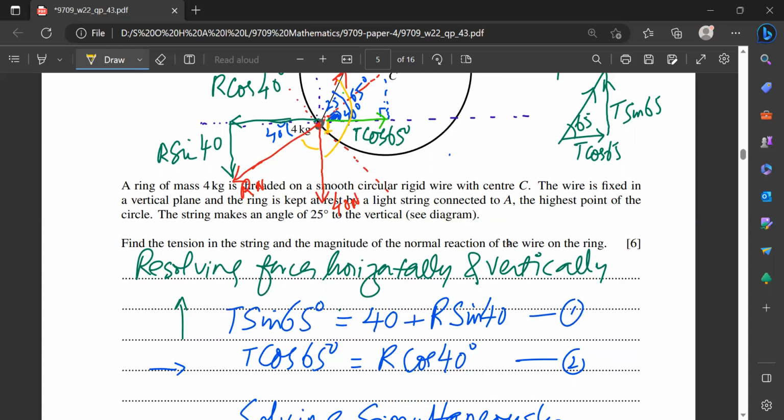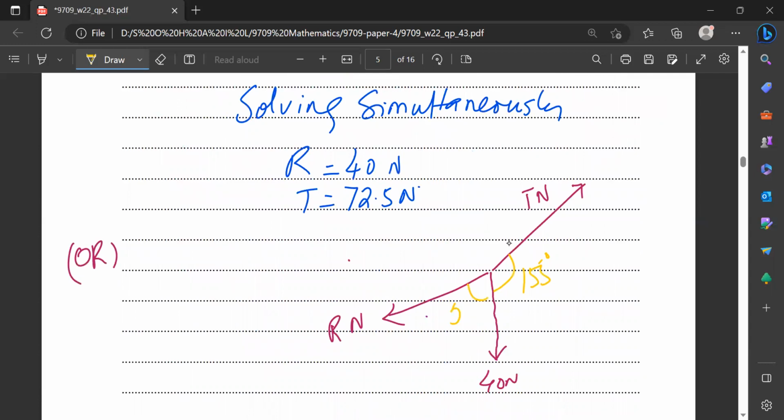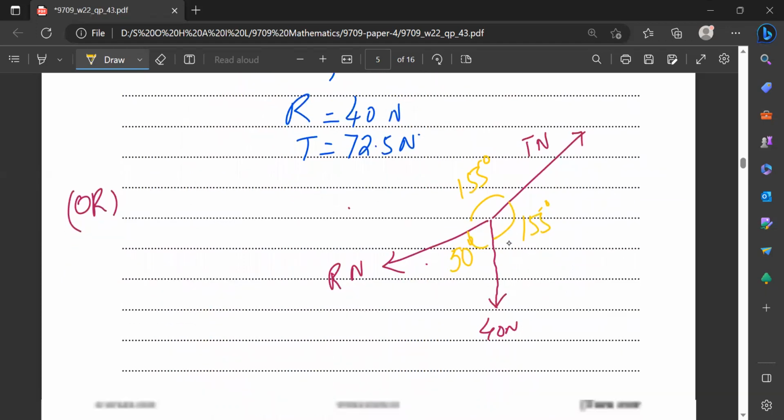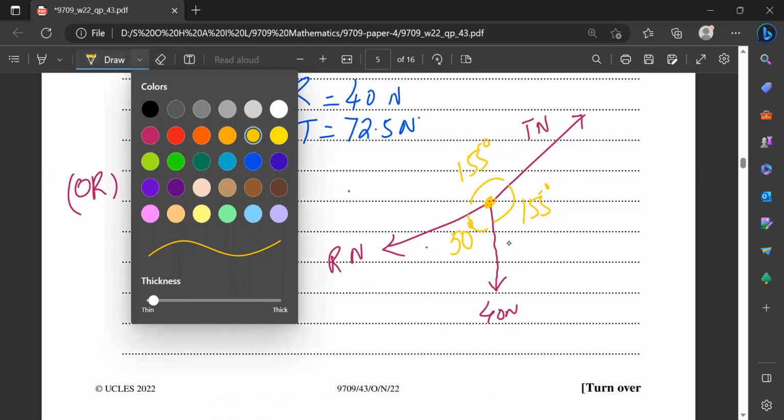If we have this angle as 40 degrees, this is 50 degrees. So the angle between R newton force and 40 newton force is 50. So if 155 and 50, add these two and subtract from 360: 155 plus 155 plus 50 is 360. In this way, we have the angles, and there are three forces. Ring is here. So you can apply Lamé's theorem.